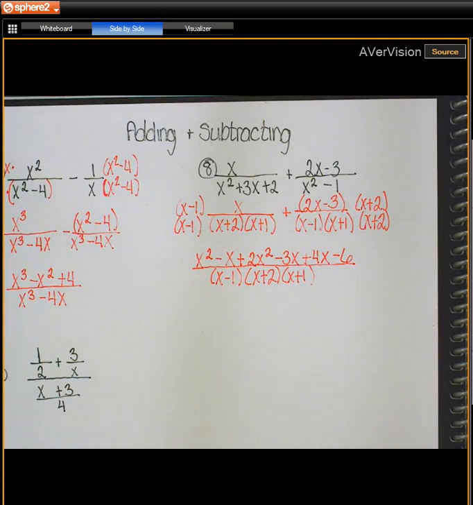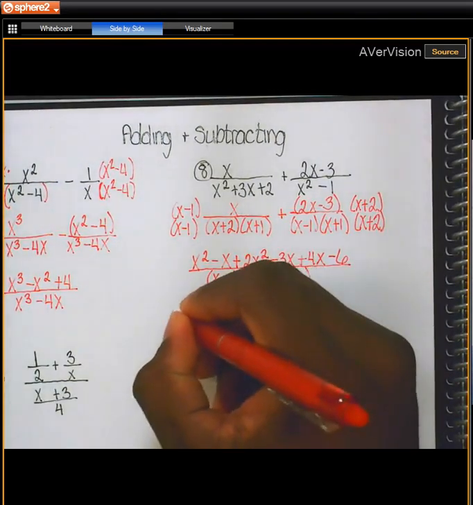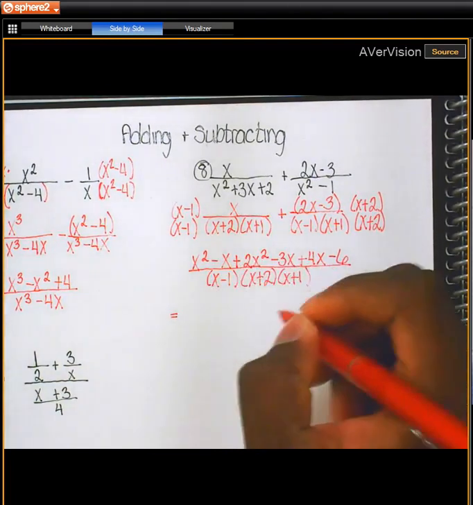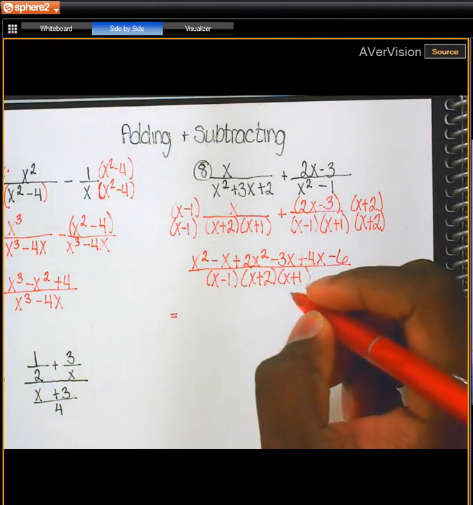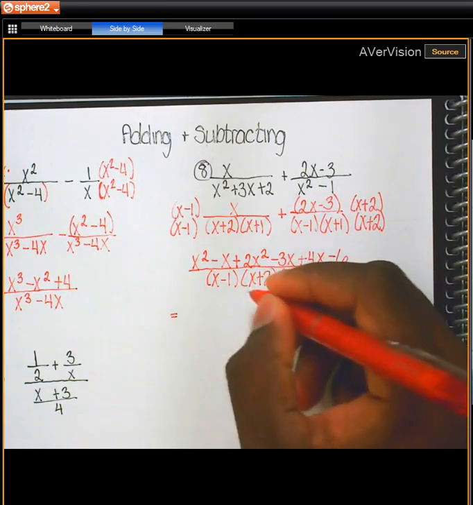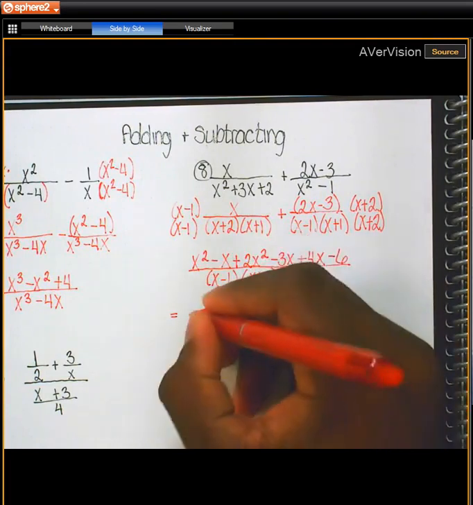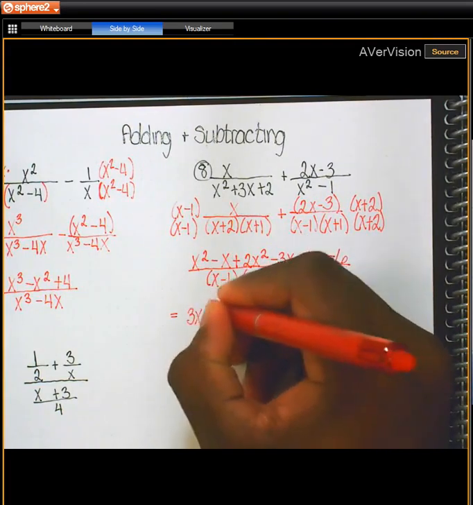All right, so now we combine things in the numerator. What can we combine? Yeah, we have 1x squared and 2x squared. That becomes 3x squared.